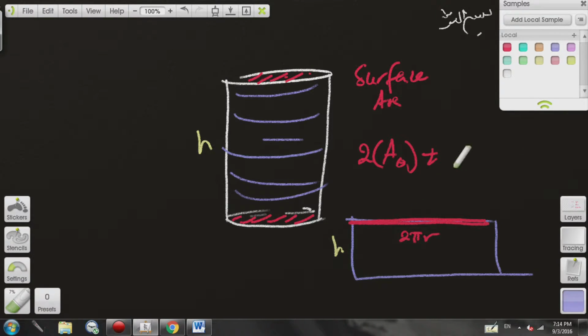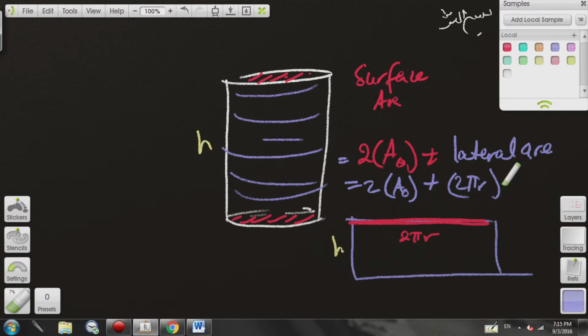So the total surface area is going to be 2 times the area of the base plus the lateral area. So it's going to be 2 times the circles, plus the lateral area, which is the rectangle that opens up when you open this up. So that's going to be 2 times pi times the radius, the circumference, times the height. So this is the total surface area of a cylinder.